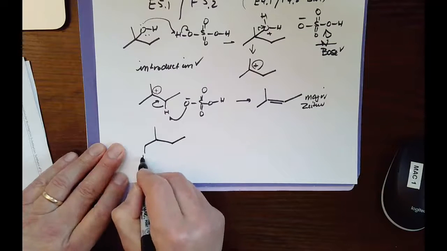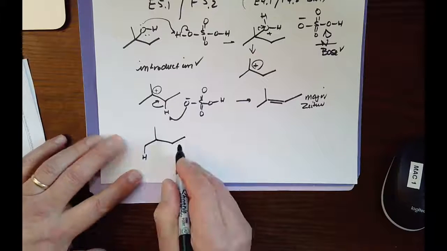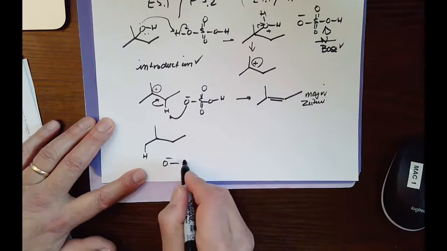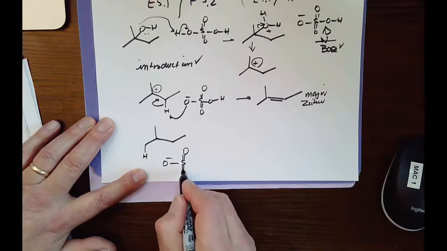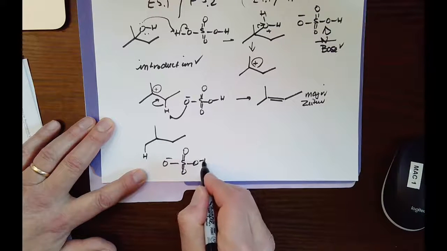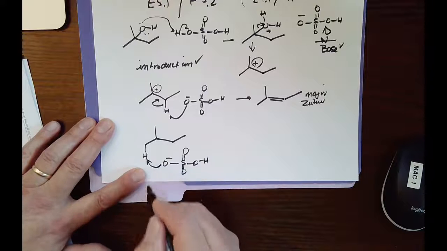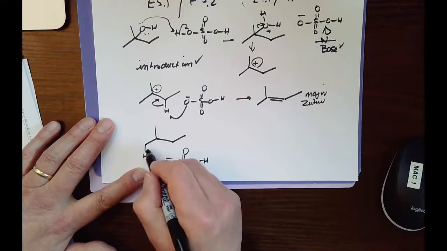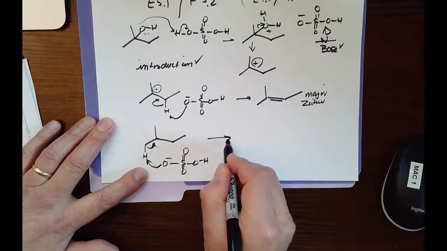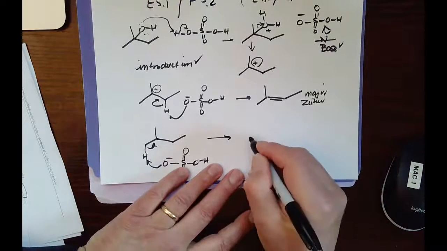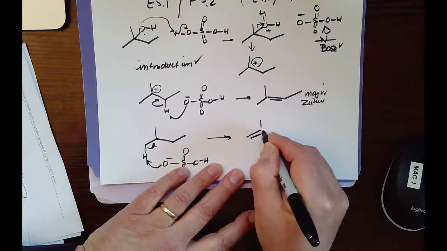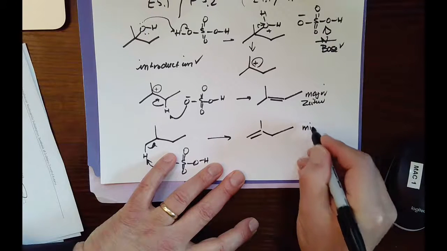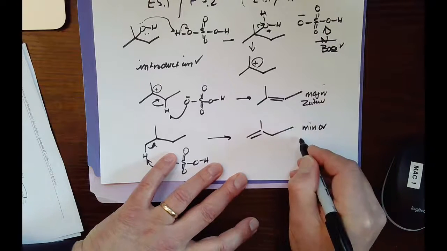So we look at the hydrogen here, or proton, I should say. And then we have the base that is not a nucleophile, but is a base. So we remove the H as a proton transfer, moving electrons between the carbon and H over here. That makes a minor product. It's a minor product, and it's Hofmann.